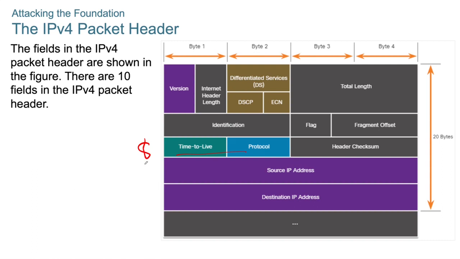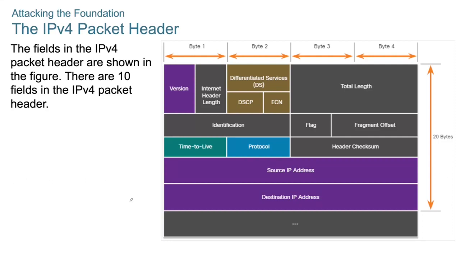For every hop it reaches, the value will reduce from 8 to 7, then 6, and when it reaches 0, the packet will be dropped from your network. So this ensures the packet does not stay in the network after a certain period of time. If it stays in the network, then congestion will occur. So to avoid congestion and loops, it will reduce. That is the use of time to live.